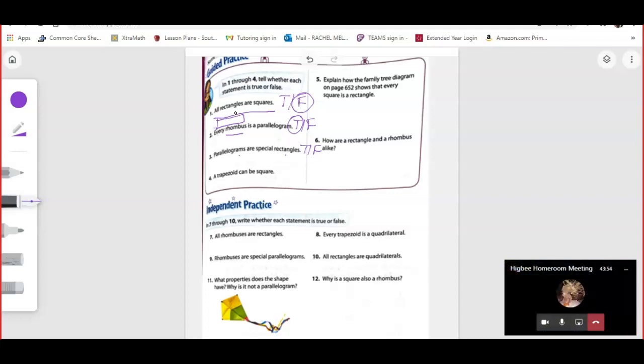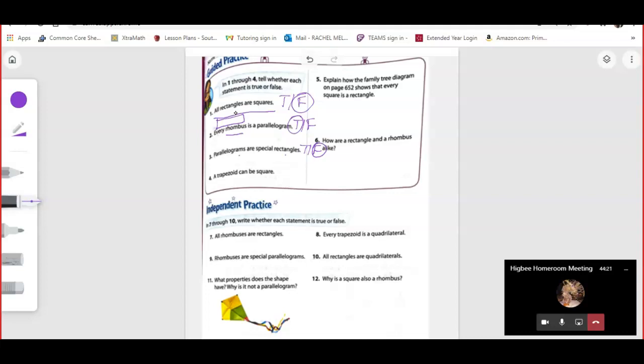I think false. You think false? Why do you think false? Because there's other shapes other than rectangles. Absolutely. There are other parallelograms that are not rectangles, aren't there? There's a lot of parallelograms that are not rectangles. This statement is saying every parallelogram is a rectangle, and that's not true.